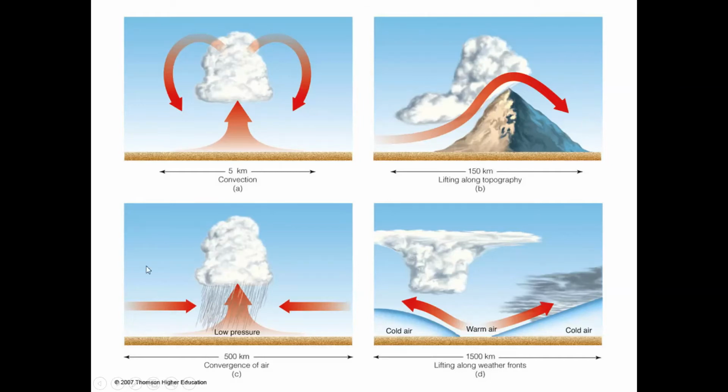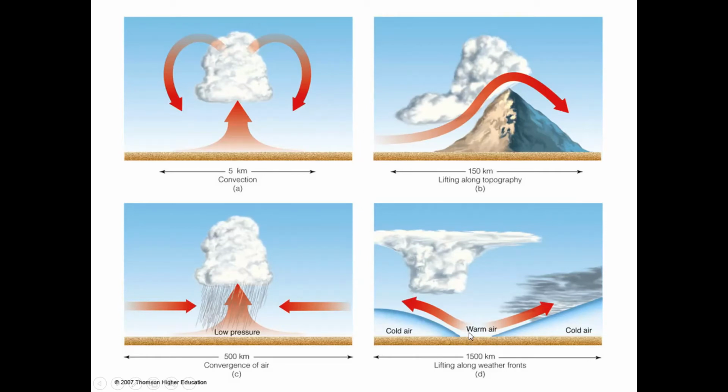In the case of convergence, you have air coming from all sides converging at one location, and that forces it to rise. And then finally, fronts represent a boundary between warm air and cold air. The warm air is always forced up and over the cold air.